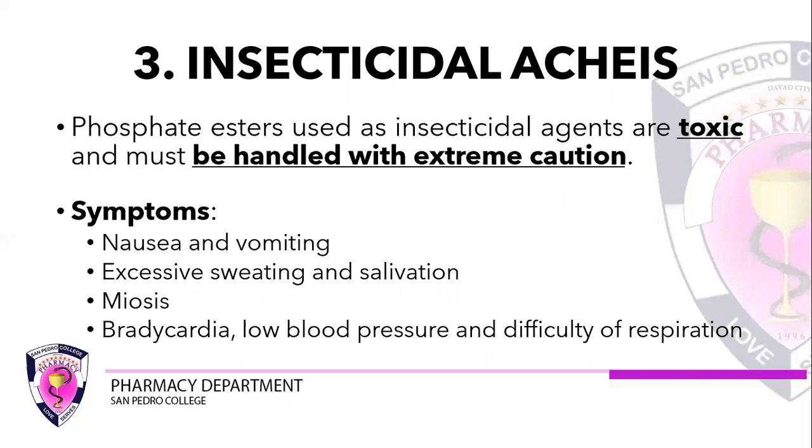So symptoms of possible toxicity with acetylcholinesterase inhibitors, specifically the insecticidal ones, are related to the muscarinic effects: nausea and vomiting, excessive sweating and salivation, miosis, bradycardia, low blood pressure, and difficulty of respiration. So specifically, the last part mo ni ang concern, yung pagbaba ng heart rate at saka yung difficulty in breathing.